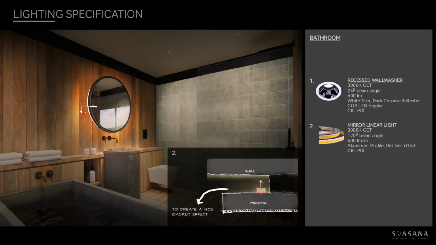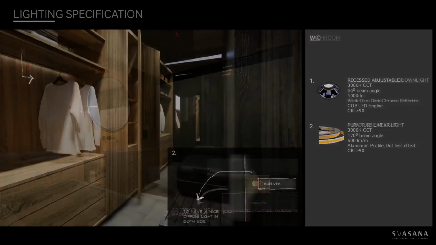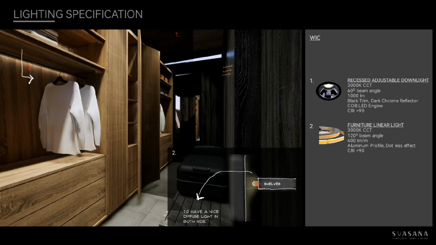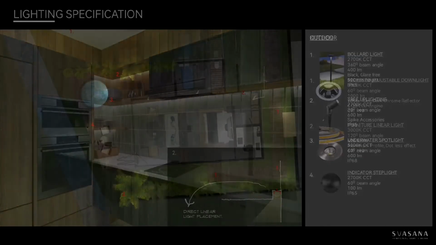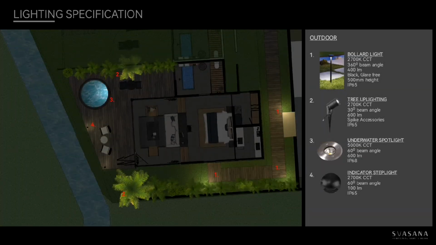Okay, and the other area, the bathroom, also the luminaire is the same. And then for the walk-in closet and also kitchen is also the same. And for the landscape, actually also the same, only additional spotlight there. For the wall, it's same like this one, so we can hide under the bushes.